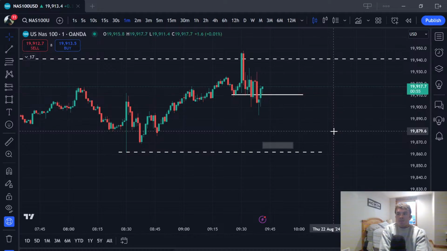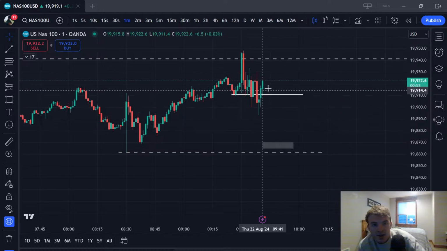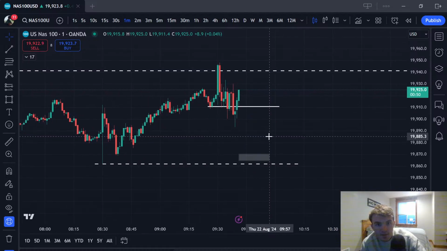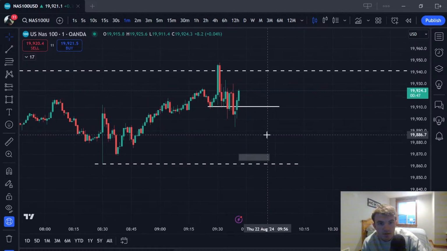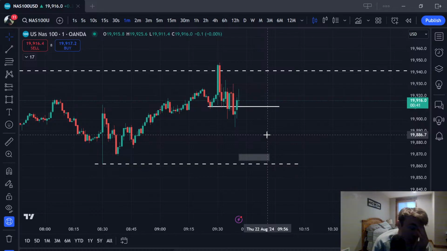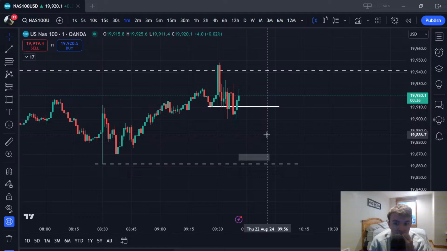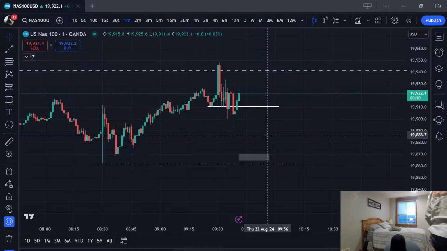It's very choppy right now. We're pretty much waiting for news to come out in 4 minutes. I think after news comes out, hopefully we can get cleaner price action, but we'll see. Hang on, I'm gonna shut the window back here.